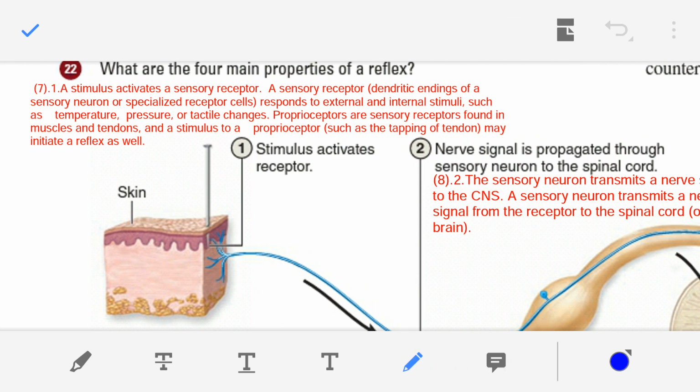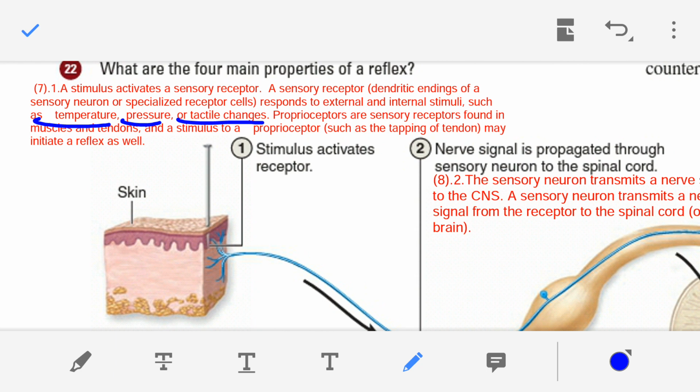Then these sensory receptors, in different reflex actions, respond to external or internal stimuli. Examples of these stimuli are temperature, pressure, or tactile changes.